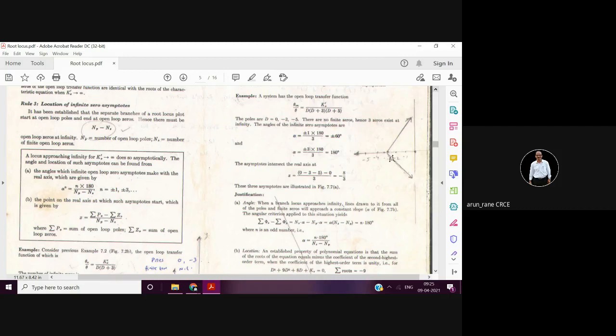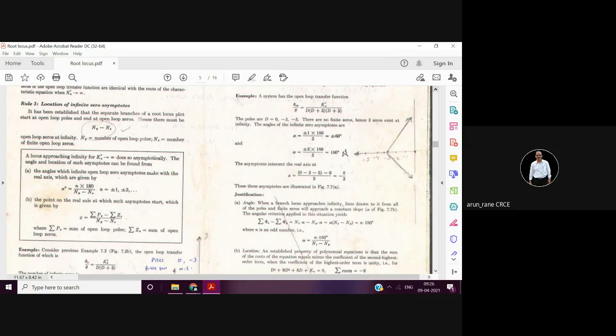So plus 60 and minus 60. You have one more asymptote. So you need to take another integer value, plus minus 3 into 180 upon 3. So that is 180. Now plus minus 180 will be the same whether you take plus 180 or minus 180.